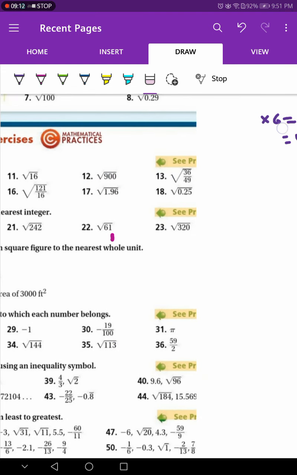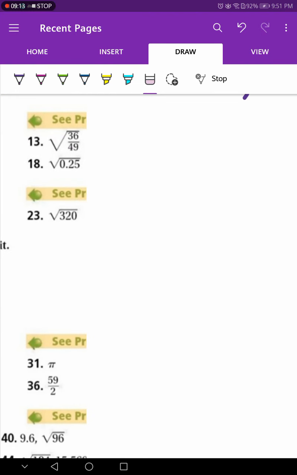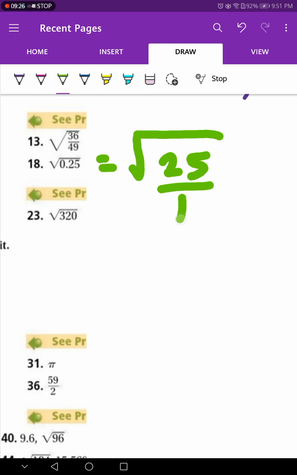Okay, what about 18? Read it. 25 is the square root again of 2500. That means it is 25 over 100.